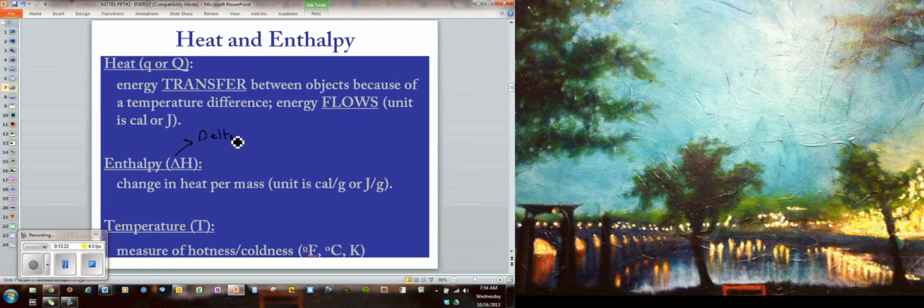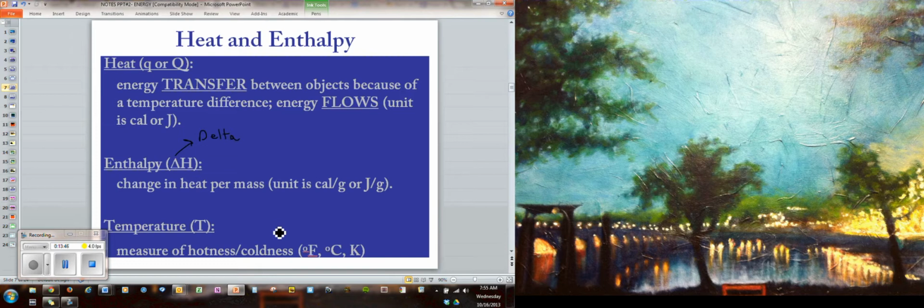Now, if we remember that delta means change in, we can think of the H as being a change in heat. So that helps out a little bit. And the unit, this one is going to have two units. We're going to have either the non-metric, little cal per gram, or the metric, joule per gram.